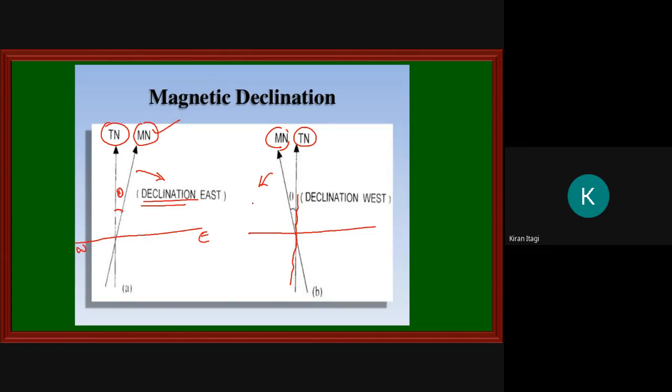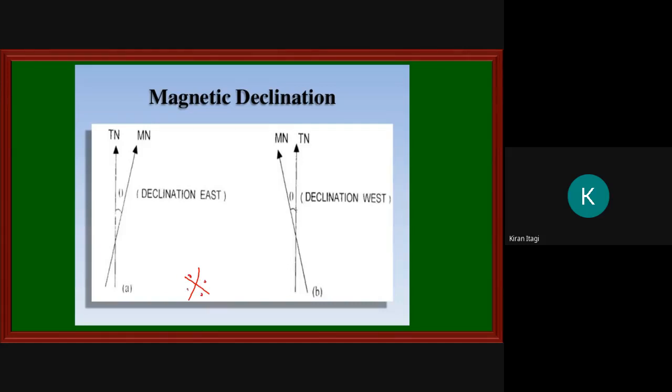Correct? Therefore, we will call this one declination west. Okay. Take down the figure. Very important while solving the problem. And when we should add and when we should subtract, that also I will tell you.